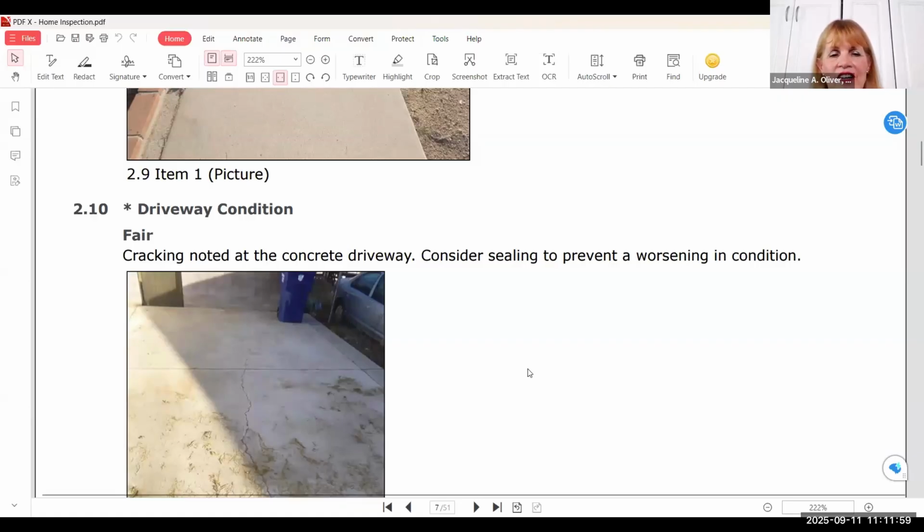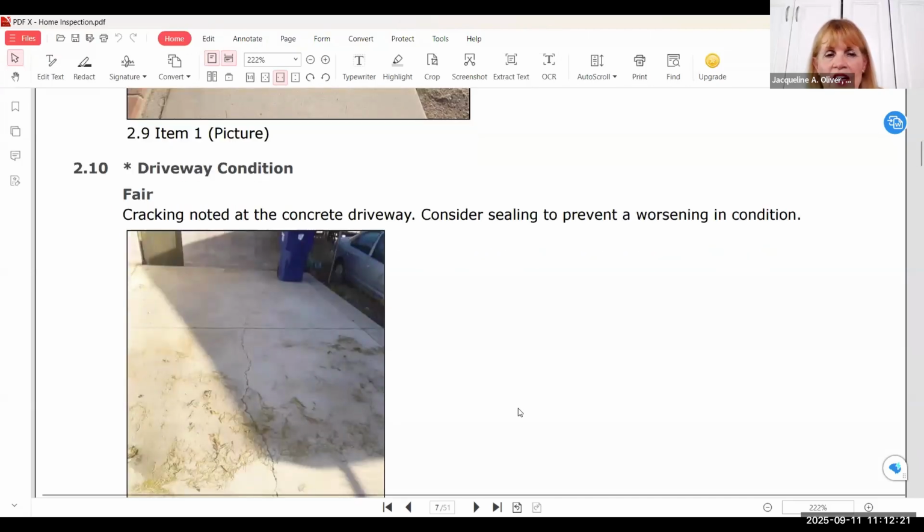Cracking noticed at concrete driveway, consider sealing to prevent worsening the condition. And here's another thing. I don't think it's in this particular report, but the hardscape should not be directed or slanted towards the house, because then you could have water damage at the base of the home.